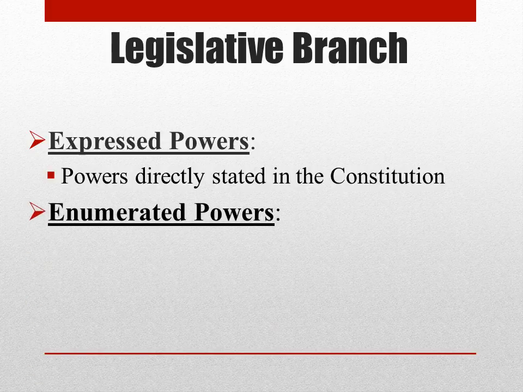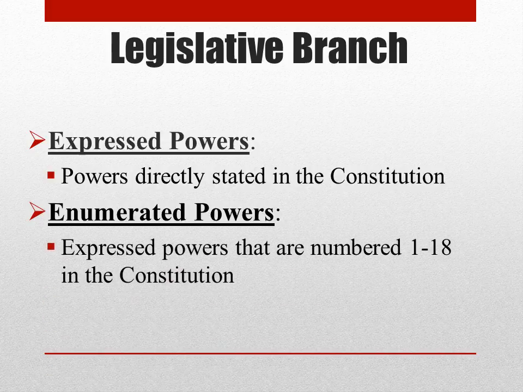and more specifically, the Constitution gives enumerated powers, which are the express powers that are numbered 1 to 18 in the Constitution. And enumerated, of course, one way you can remember that is enumerated, number, and they're numbered 1 to 18. So we're not going to look at all 18 of these powers.